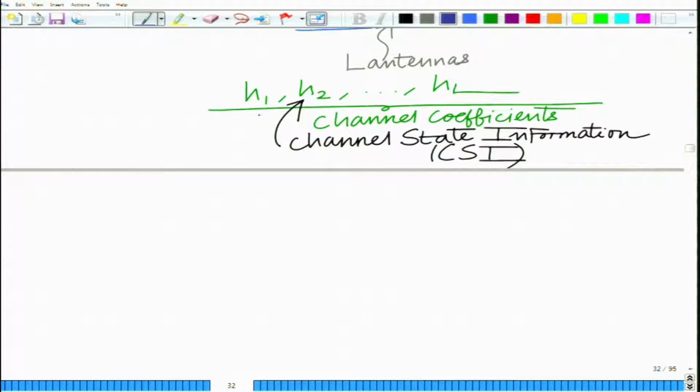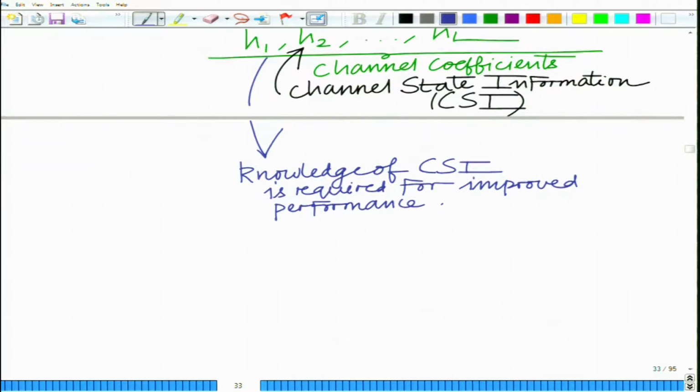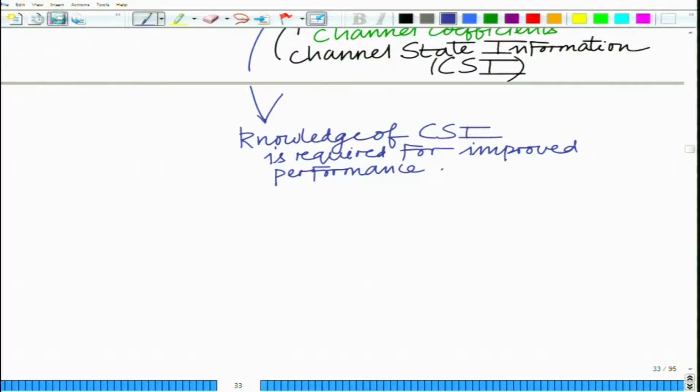So, this knowledge of CSI is required for accurate, improved performance.